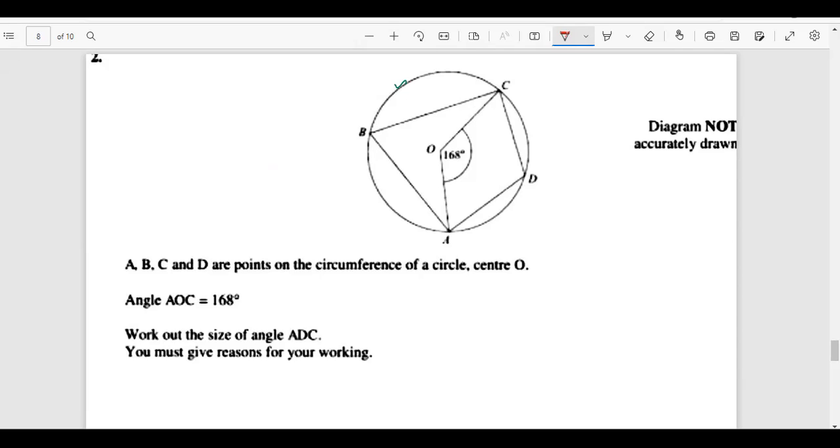So ADCO is not a cyclic quadrilateral, but ADCB, or ABCD, is a cyclic quadrilateral. And the opposite angles have to add up to 180.